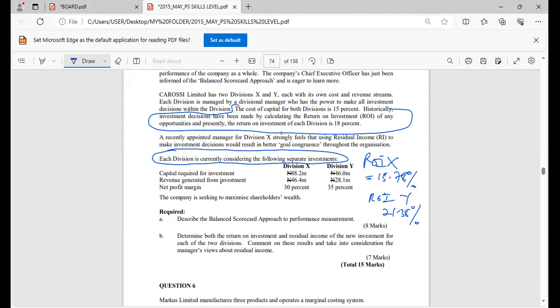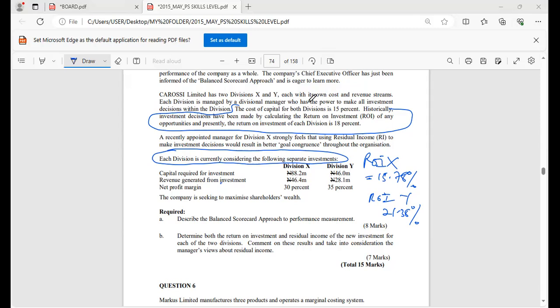The effect of this proposed investment will be a reduction in the ROI of division X by 18% minus 15.78%. What is that?